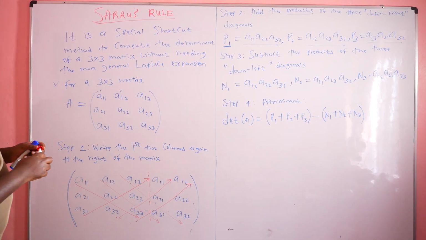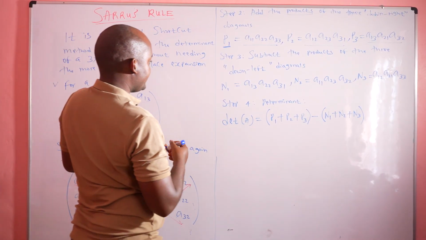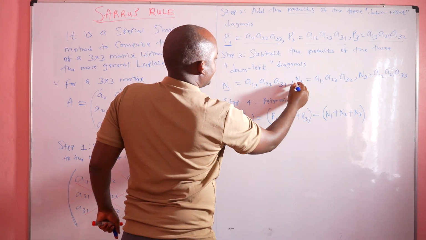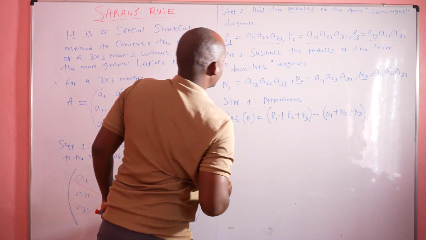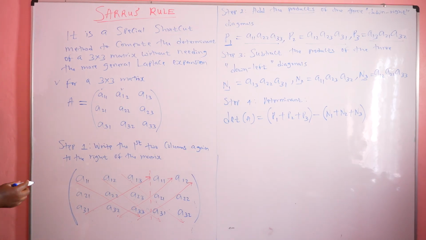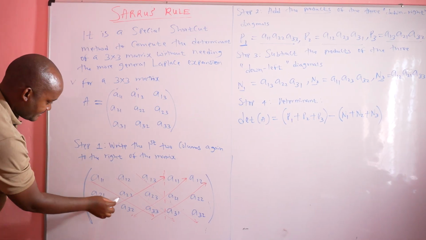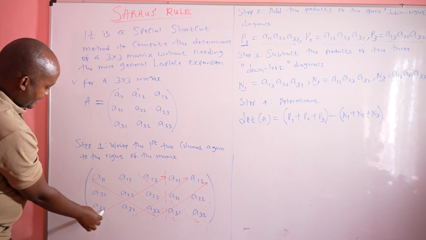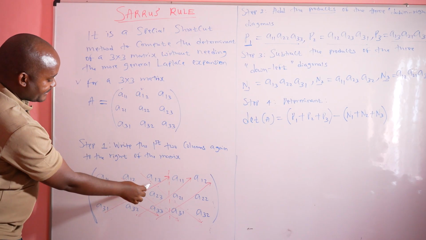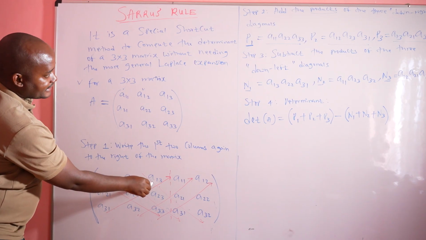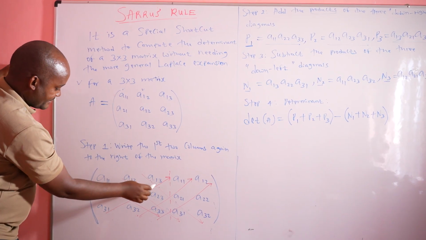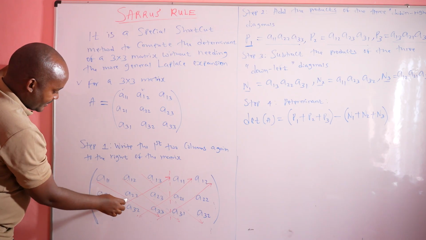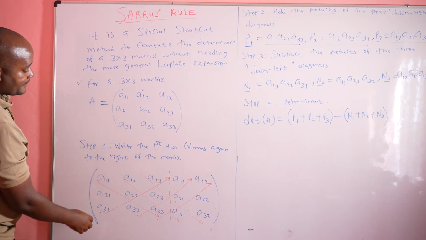So what happens here, we need to define these values, that is N1, N2 and N3, as follows. For N1, it will be this product, this times this times this, which is A31 multiplied by A22 multiplied by A13. You can start with A13 multiplied by A22 multiplied by A31.